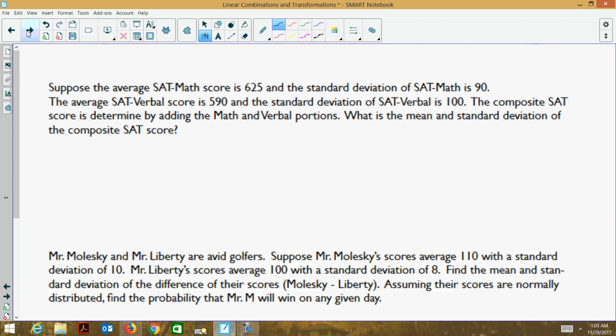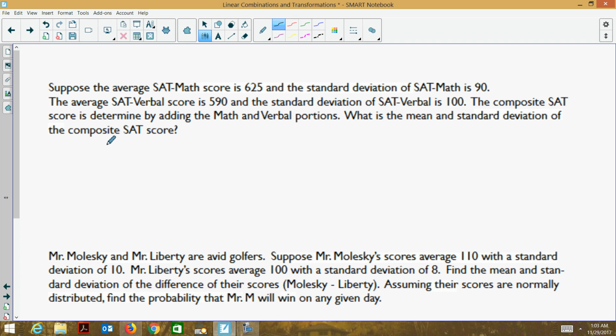So suppose the average SAT math score is 625 and the standard deviation of an SAT math score is 90. The average SAT verbal score is 590 and the standard deviation is 100. The composite SAT score is determined by adding the math and verbal portions together. So what is the mean and standard deviation of the composite score?